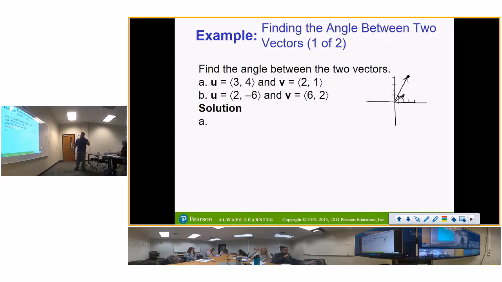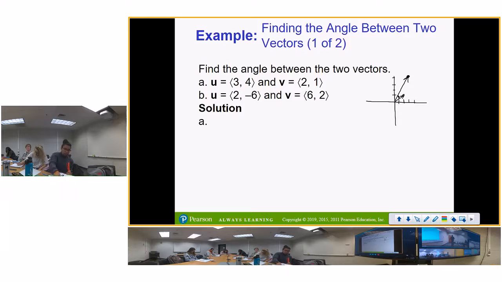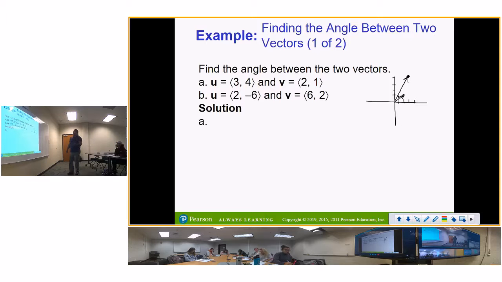Now, could you do head to tail and all that stuff? Yes, you could. You could use the law of sines. You can use the law of cosine. But that's a lot of extra what? Work. And I know some of y'all hate extra work. That's kind of like hating raising the bar. You hate extra work.